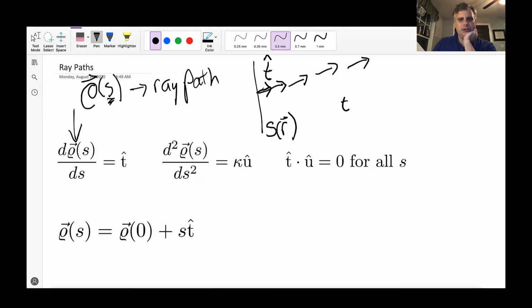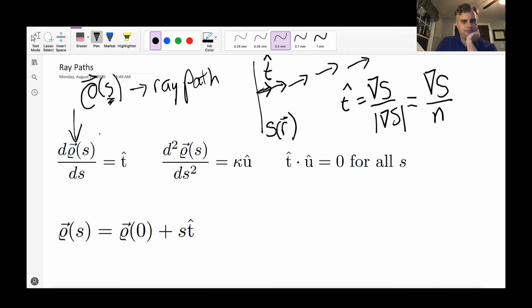So really we know that t is going to be equal to the gradient of s divided by the magnitude of that gradient, because it's a unit vector. And of course, by the Iconal equation, that means we could just divide by the index of refraction.